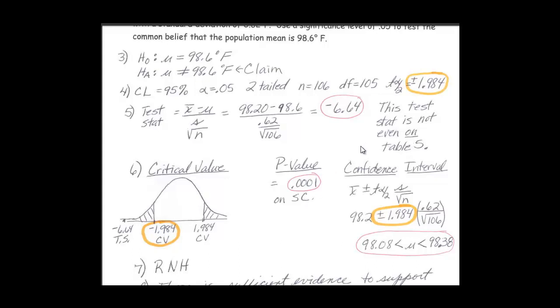I guess what I want to point out is I've got this test statistic of negative 6.64, and if I go back to the t-table and I'm looking at that row of 100, I can see that as I go across from left to right, my t-scores get higher, and again, they could be positive or negative, but I can see that negative 6 point anything is not even on the table.